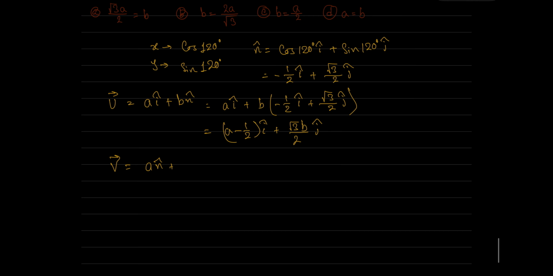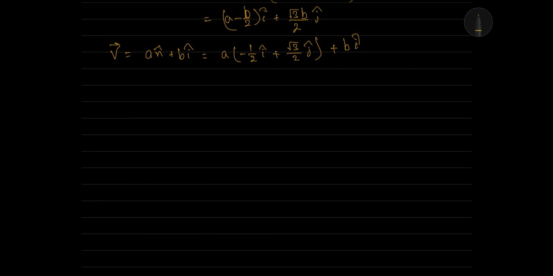That is a into minus half i cap plus root 3 by 2 j cap, plus b i cap, equal to b minus a by 2 i cap plus root 3 by 2 a j cap.